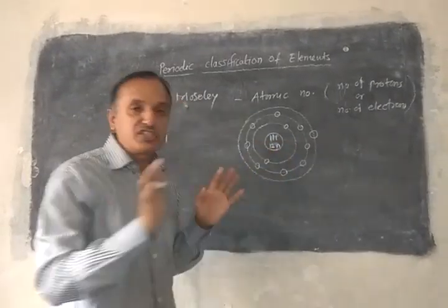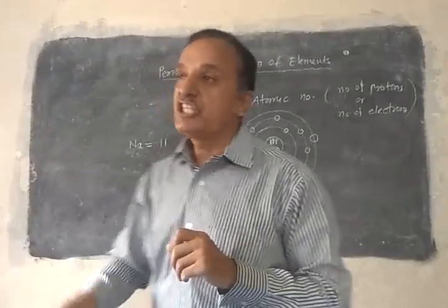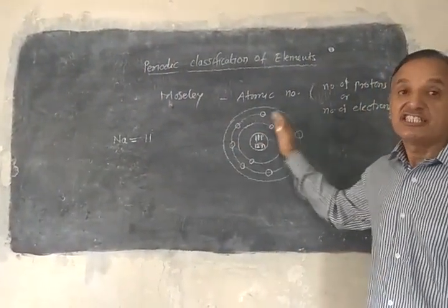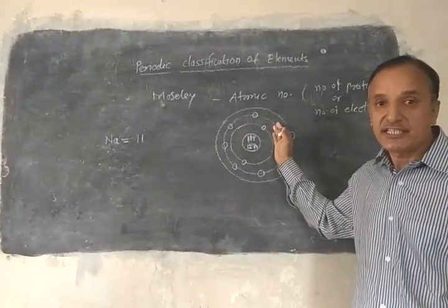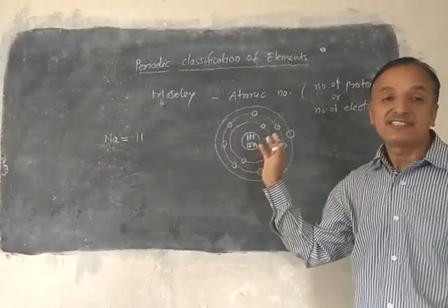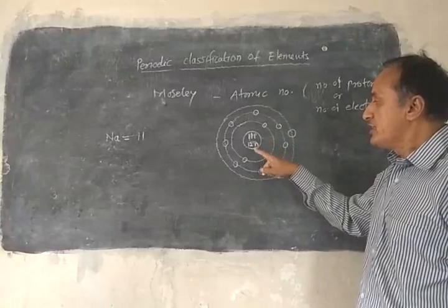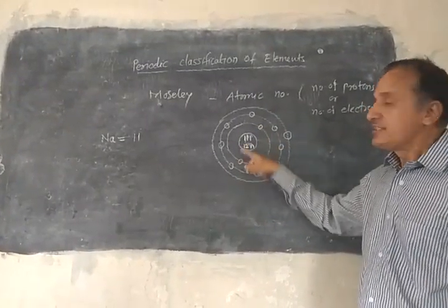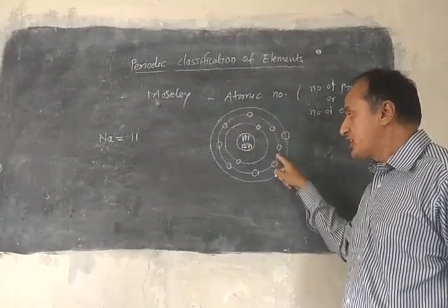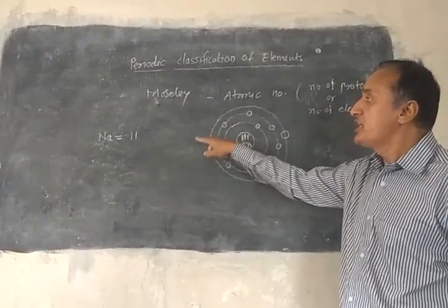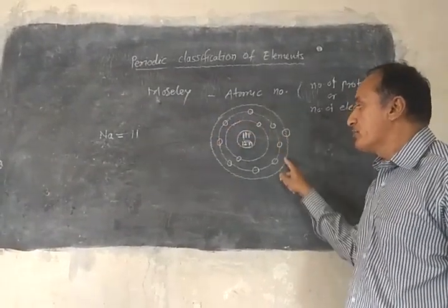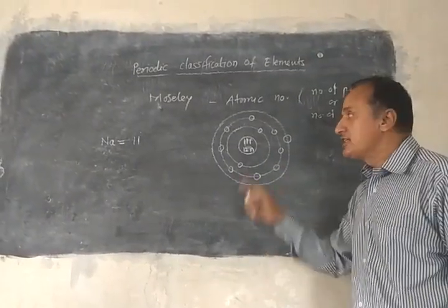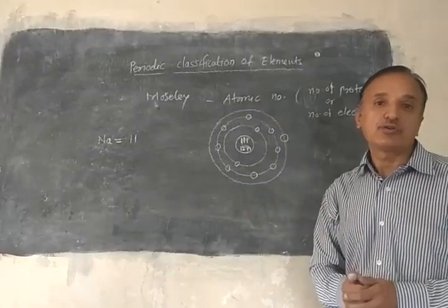We just concentrate on how these electrons are distributed in the different energy levels, or shells, or orbits. Here in the first orbit there are 2 electrons, in the second orbit there are 8 electrons, and the remaining electrons are present in the last orbit. So each shell has the capacity to hold electrons.